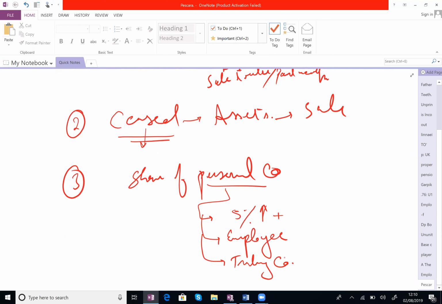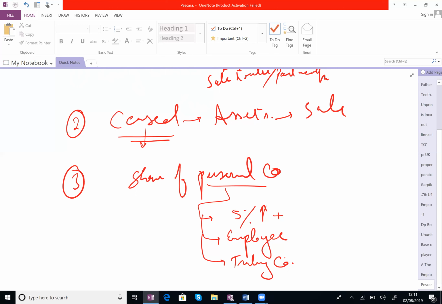Coca-Cola's trade is to manufacture the bottles of Coca-Cola, right? They get the raw material, then make the finished goods. So that is not an investment company, that is a trading company whose business is manufacturing. So the company in which you have 5% plus holding, plus you are an employee also, and the company is a trading company, when you sell the shares of this company, you will get the entrepreneur relief.